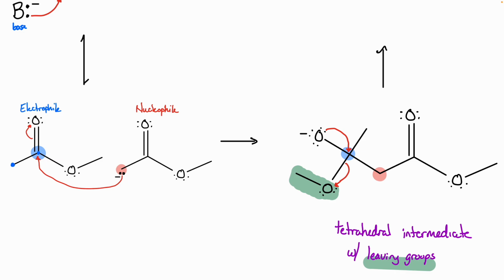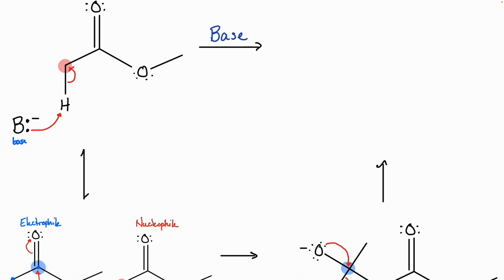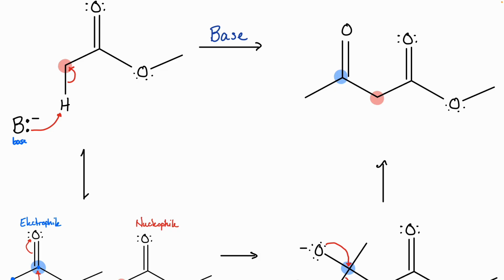So in this case here, I have my new carbon-carbon bond from my nucleophilic site to my electrophilic site. All right, but now I've reformed my carbon-oxygen double bond when we kicked off that leaving group.